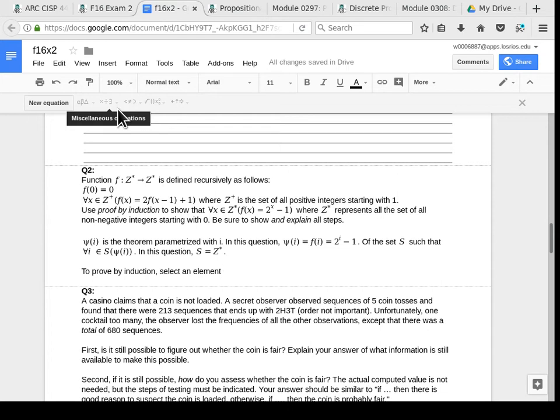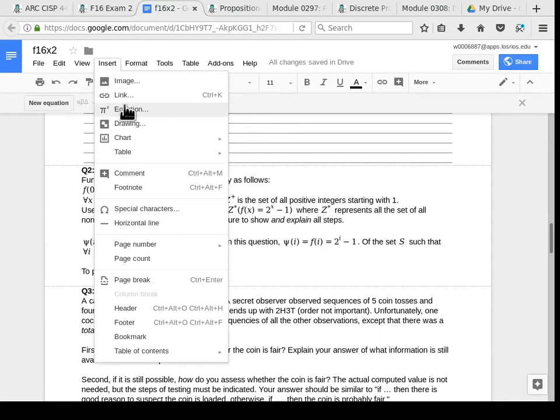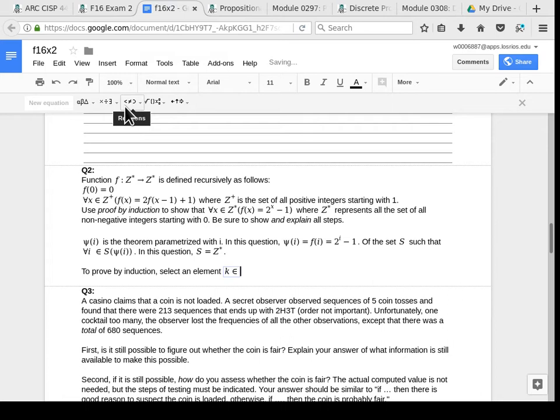Select an element, I'll make this very specific, k in S, and prove that psi(k) is true. But we just need to prove that for this particular case, when we're only considering k as an element of S, that psi is true.